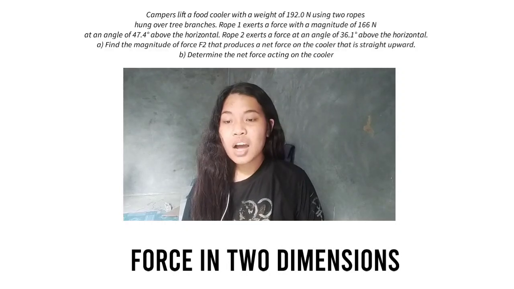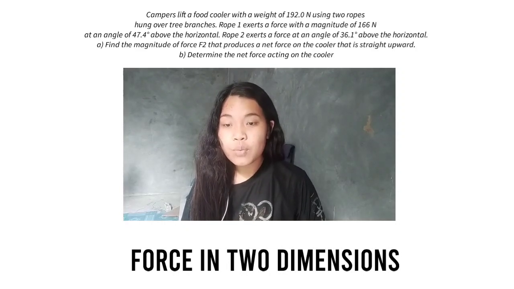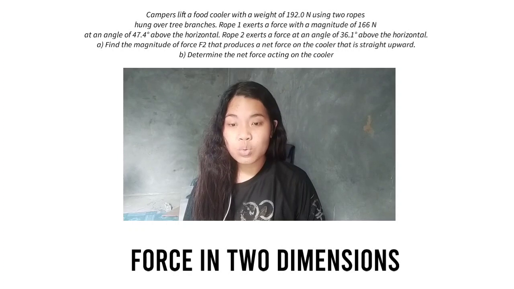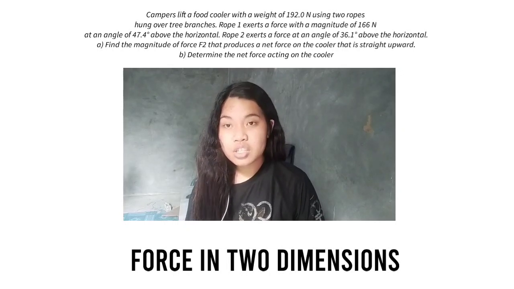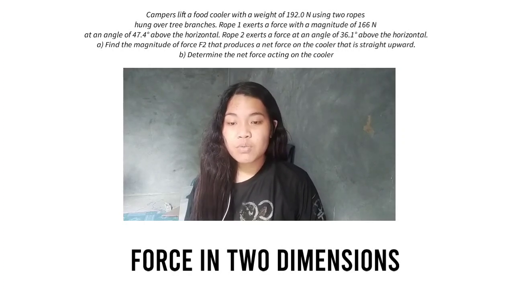Our problem is, Joanna first lifts a food cooler with a weight of 192 Newton using 2 ropes hung over 3 branches. Rope 1 exerts a force with a magnitude of 166 Newton at an angle of 47.4 degrees above the horizontal.